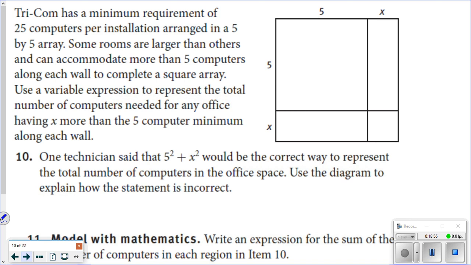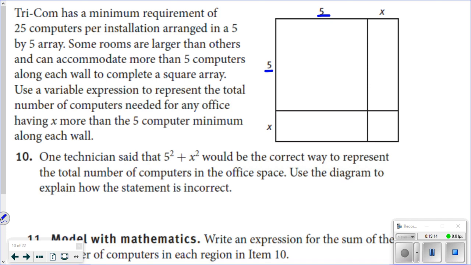The computer company has a minimum requirement of 25 computers per installation, and it's arranged in a 5 by 5. So here's my 5, there's my other 5. Some rooms can be larger than others and can accommodate more than 5 computers along each wall.